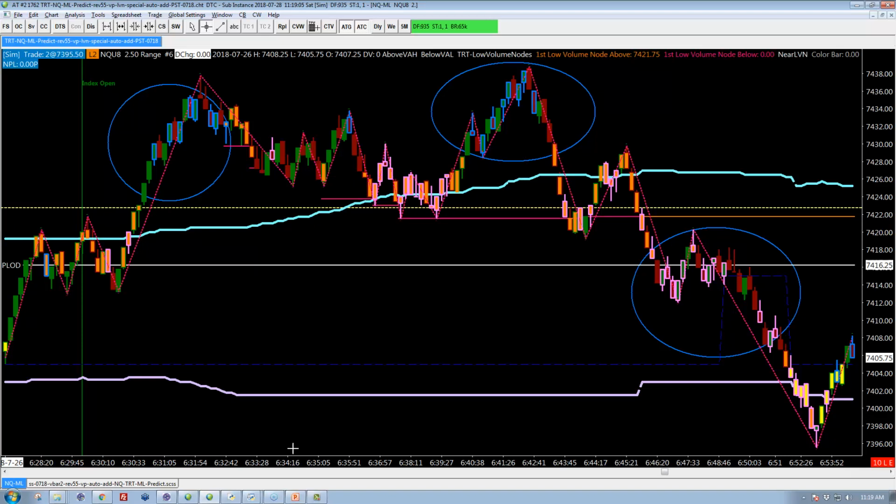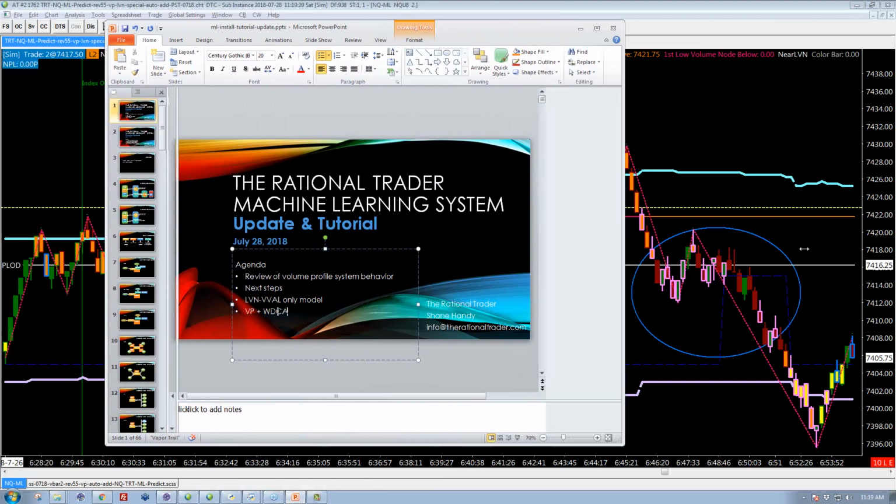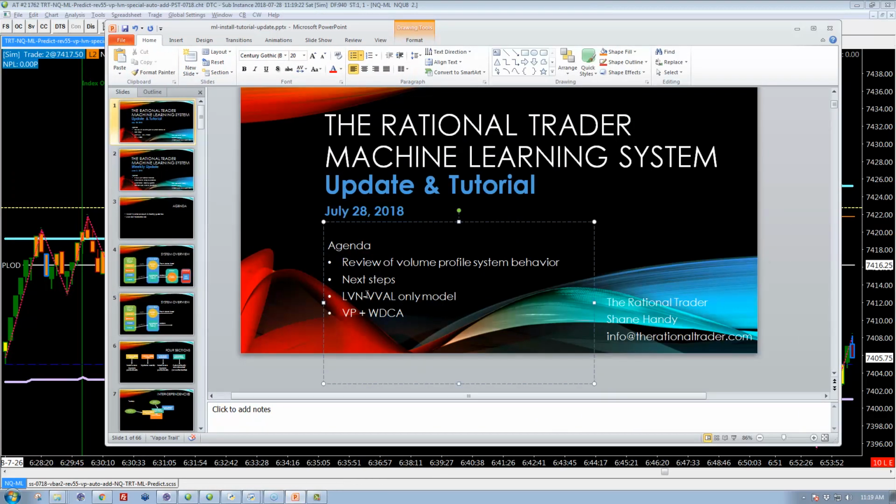So the first one is combine. Yeah, let's write this out here. Actually, let me bring this up. So if we just go under next steps, our first test is volume profile plus the chop avoidance.